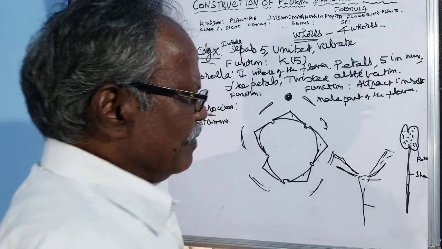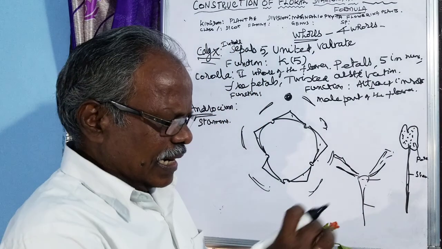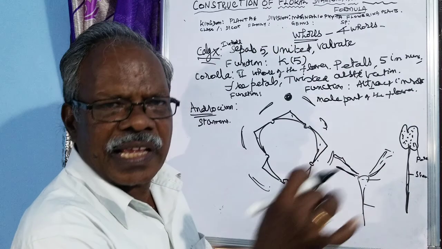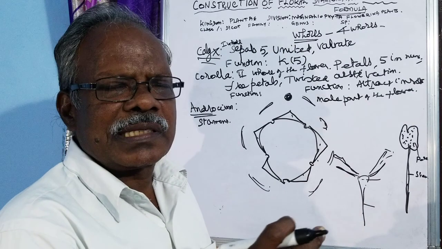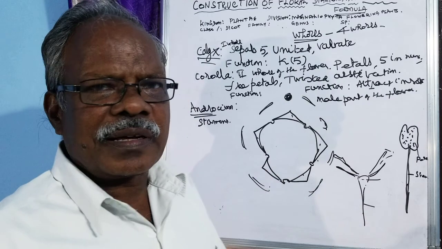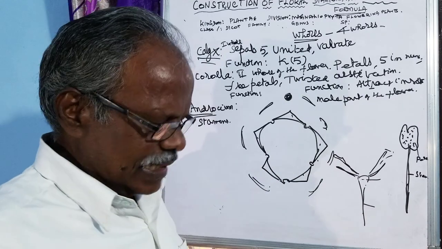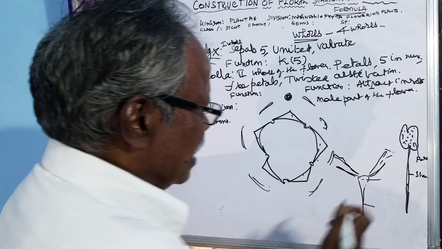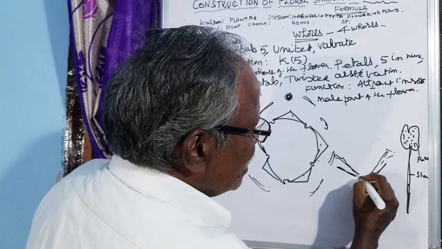So when the stamens are free, we have to say 10 stamens or 5 stamens, whatever it may be. Here in the case of Malvaceae, this is the base of the flower.